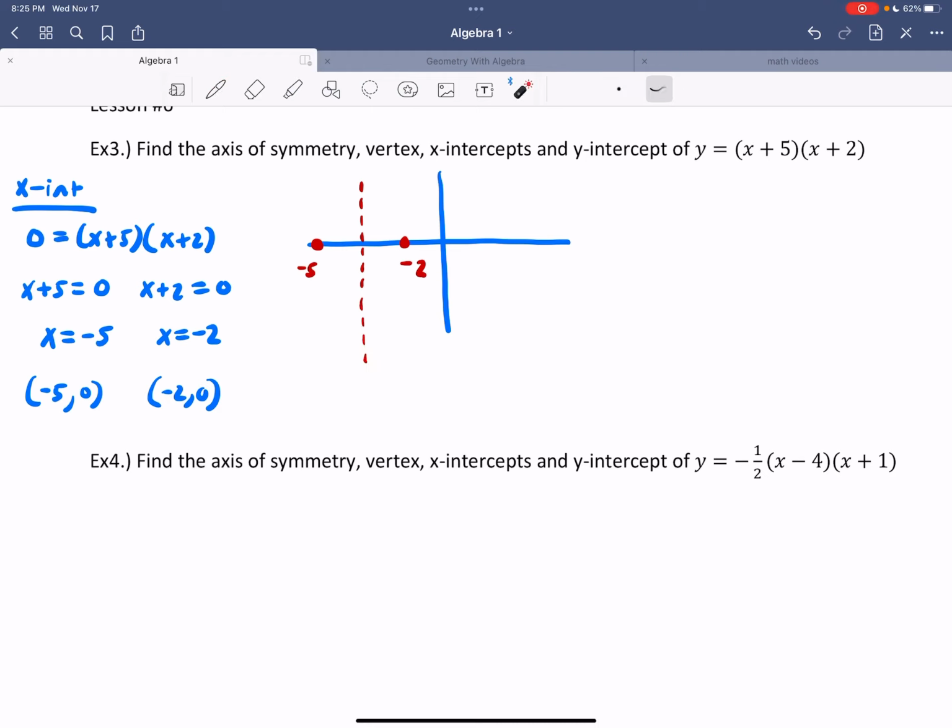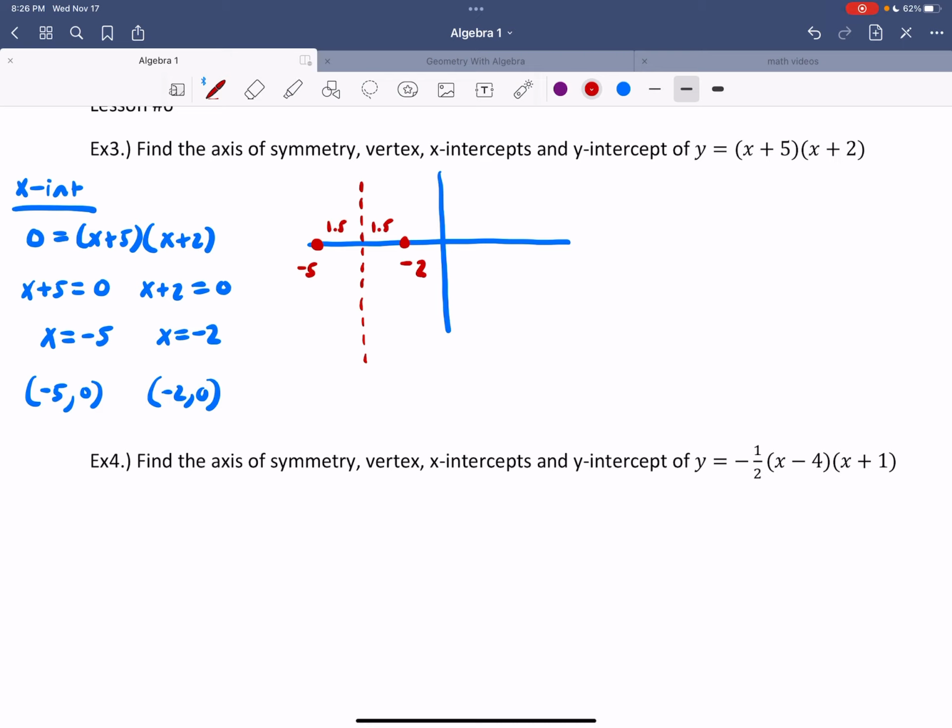If I count that, the total distance is 3. Now this is a little bit different because 3 is not evenly divisible by 2. Okay? So if I divide 3 by 2, that would give me 1.5 and 1.5.